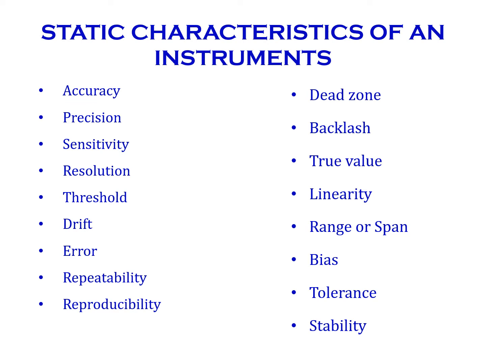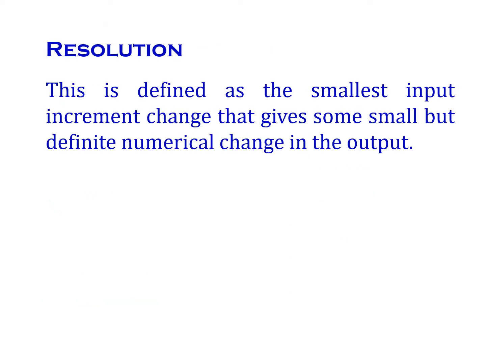Some more examples: accuracy, precision, backlash, true value, linearity, range, tolerance, error, repeatability, reproducibility are some characteristics of an instrument. Static characteristics do not vary with time. We will see some important static characteristics.